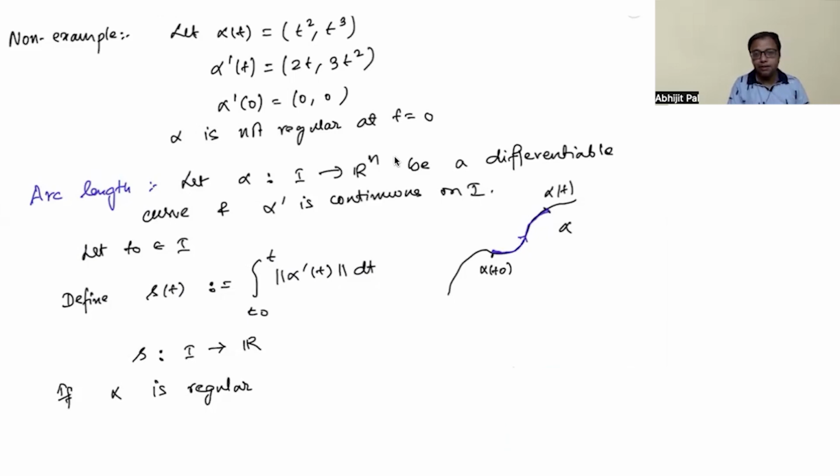So s prime t is equal to the norm of alpha prime t.